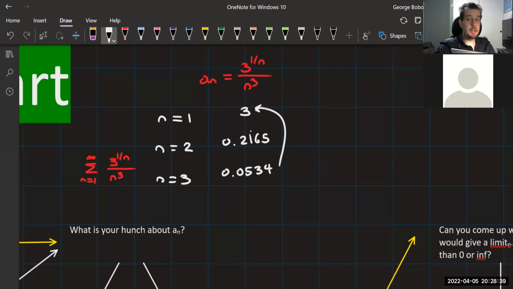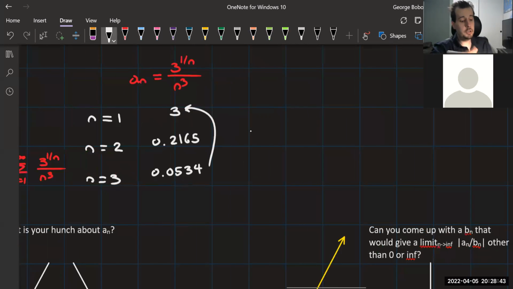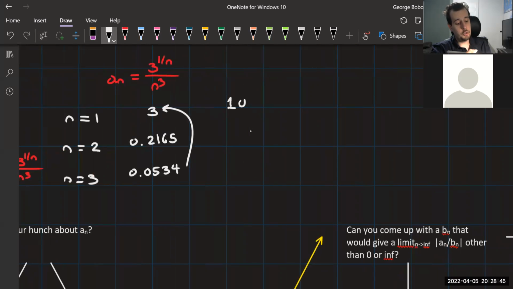It seems to be, again, the terms seem to be dying pretty fast. Like if I started like this, if I had like 100,000, or 1 times 10 to the 5, and then the next term here was like 9.99 times 10 to the 4, and then the next term was like 9.999 times 10 to the 4 again.